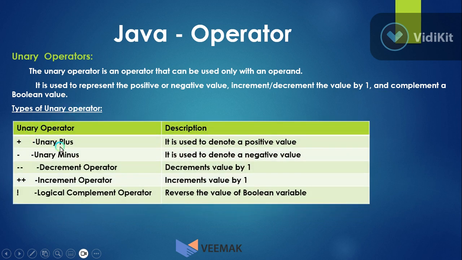Plus unary operator is used to denote a positive value. Minus unary operator is used to denote a negative value. Decrement operator decrements a value by 1. Increment operator increments a value by 1. Logical complement operator reverses the value of a Boolean variable.